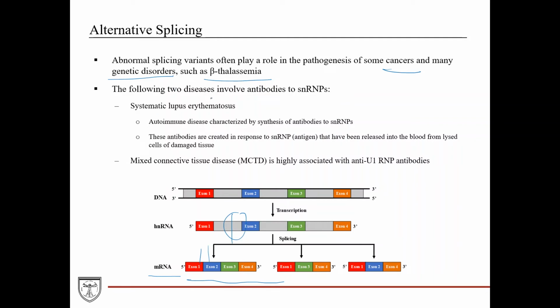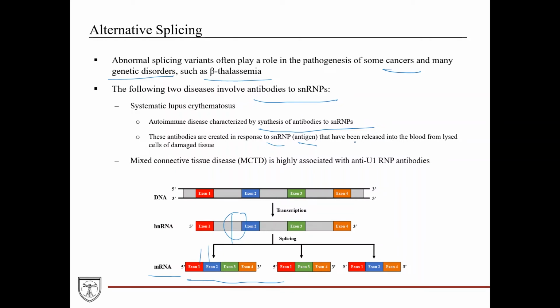Something else to be aware of is that these 2 diseases involve antibodies to snRNPs. Systemic lupus erythematosus is an autoimmune disease that's actually characterized by the synthesis of antibodies to snRNPs. So how this happens: antibodies are created in response to snRNPs, the antigen in this case, so they're mounting an immune response. That's where these patients get their symptoms from, the immune response.